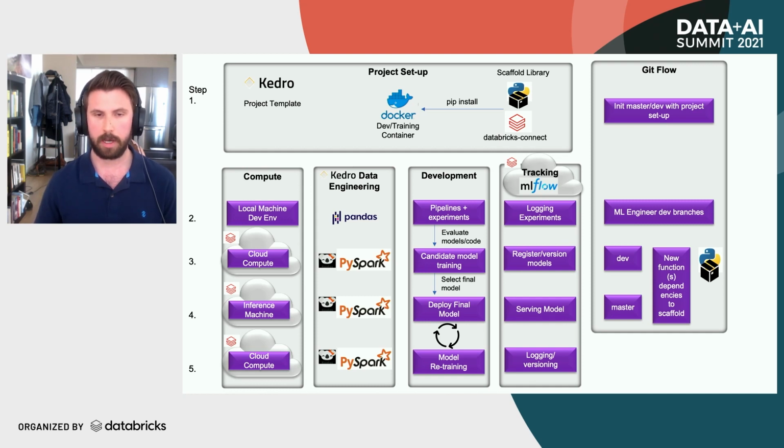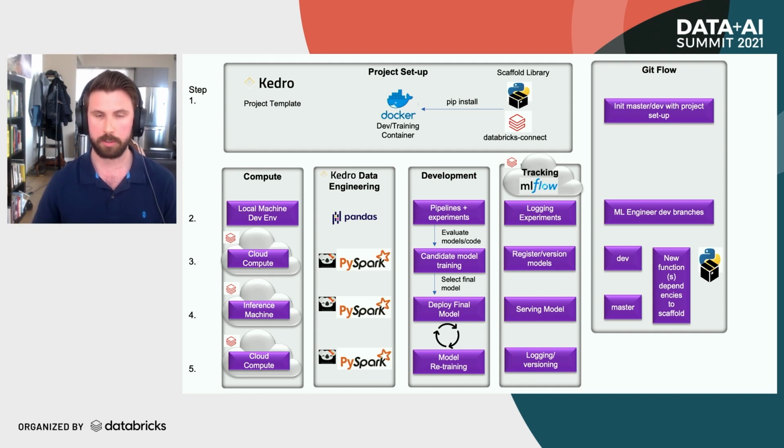And so we just do that in the cloud through Databricks Connect using koalas, and can register that model in MLflow as well. And then we'll commit that code to the development branch and add any new functions to our scaffold library as well.